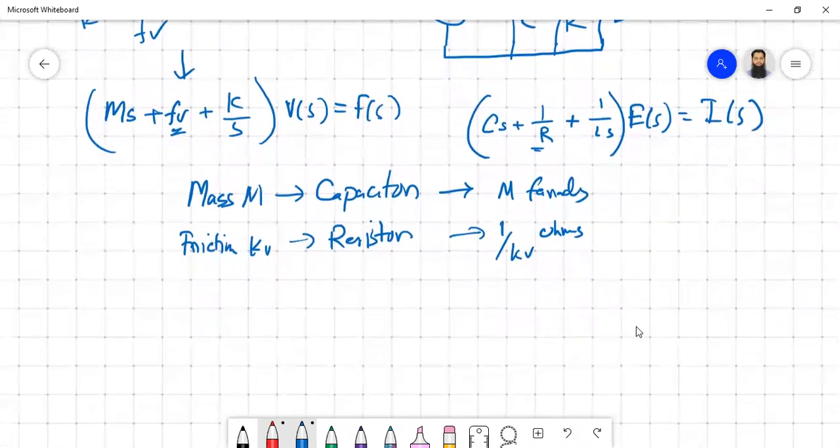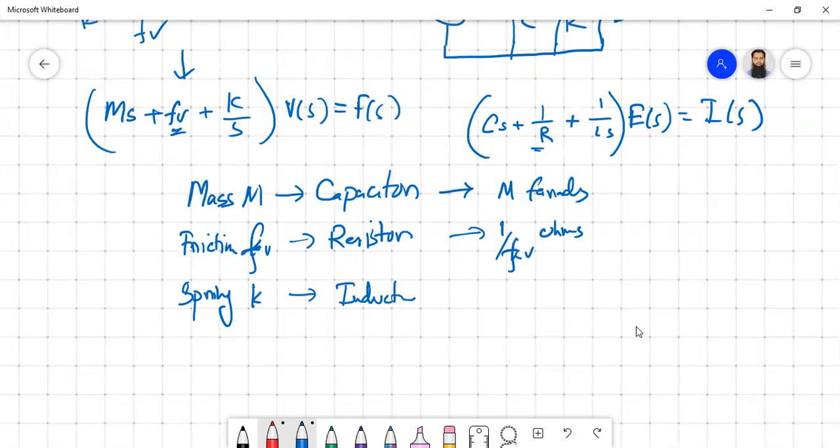Then what about the spring? The spring K is represented by an inductor, and also the relationship is inverse. So 1 by K henries.